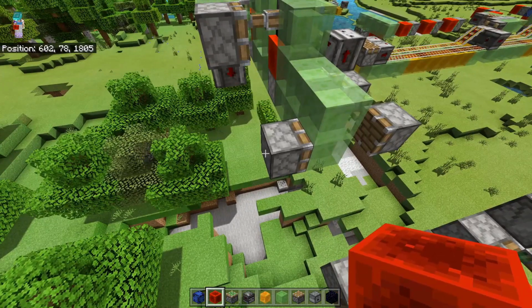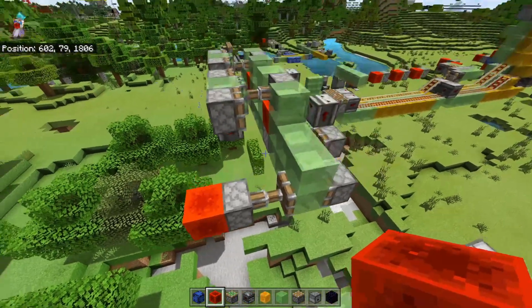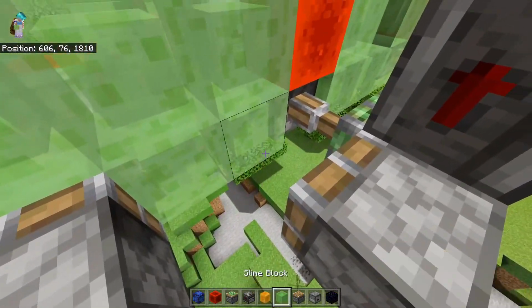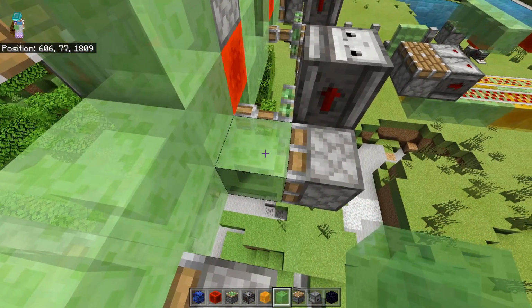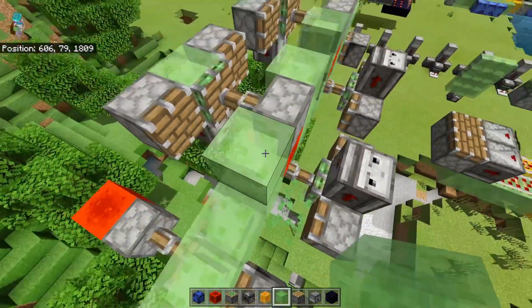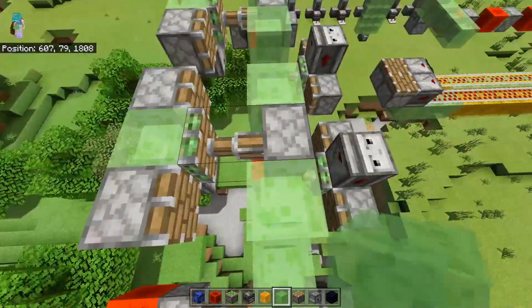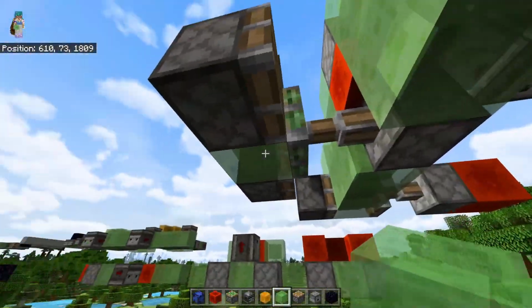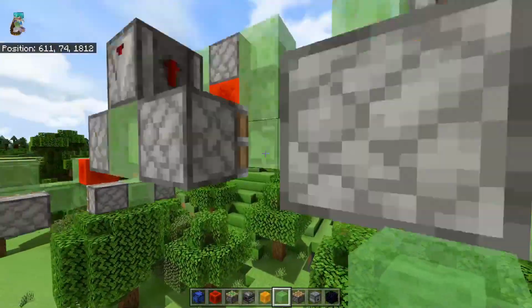So I'll push this way, where these here are blocked by this, and so this sticky piston can't retract. This one here can. It'll pull this, push this, then extend this sticky piston here to push this structure out again.